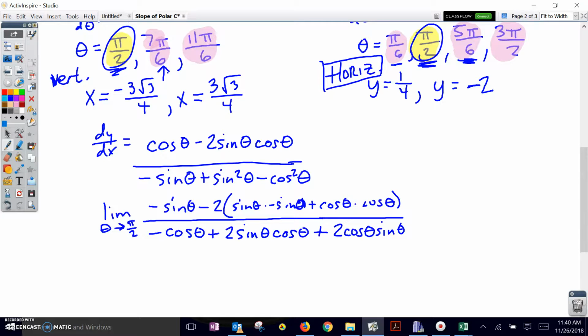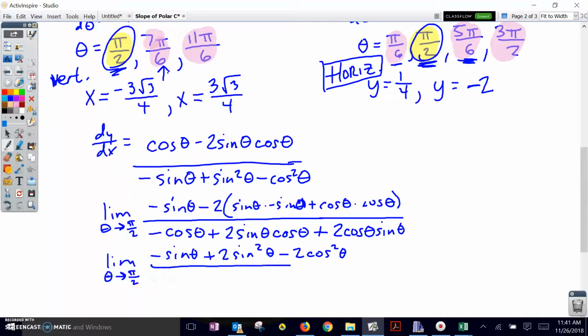And so I'd like to find the limit as theta approaches pi over 2 of negative sine of theta plus 2 sine squared of theta minus 2 cosine squared of theta, all over negative cosine of theta plus 4 sine of theta cosine of theta.